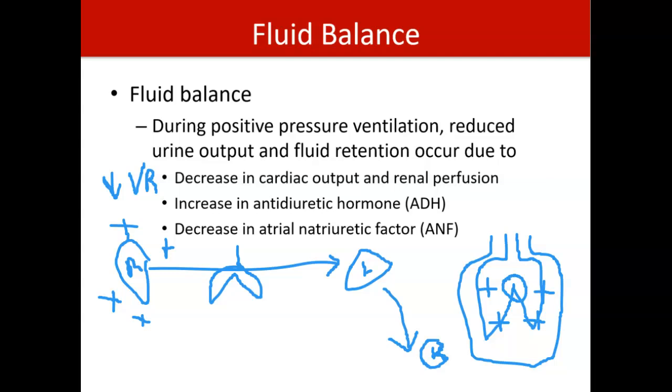This doesn't happen in everybody, but I'm going to have that decreased venous return, which is then ultimately going to decrease my cardiac output.